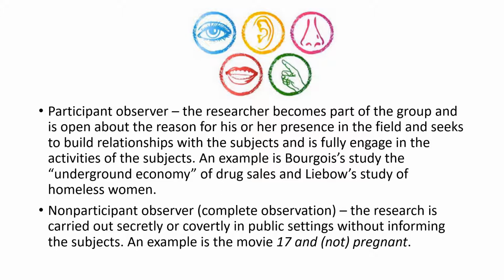If you happen to see the movie, you will see that the way people behave towards her changed when she announced her pregnancy. But they did not know that she was faking it. So this is one example of non-participant observation. Are we clear? So there are two kinds of observational studies. Are we clear?